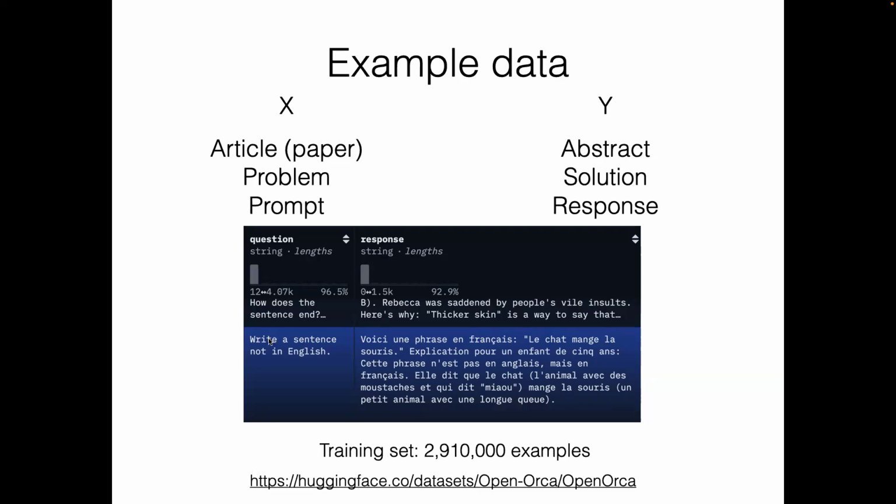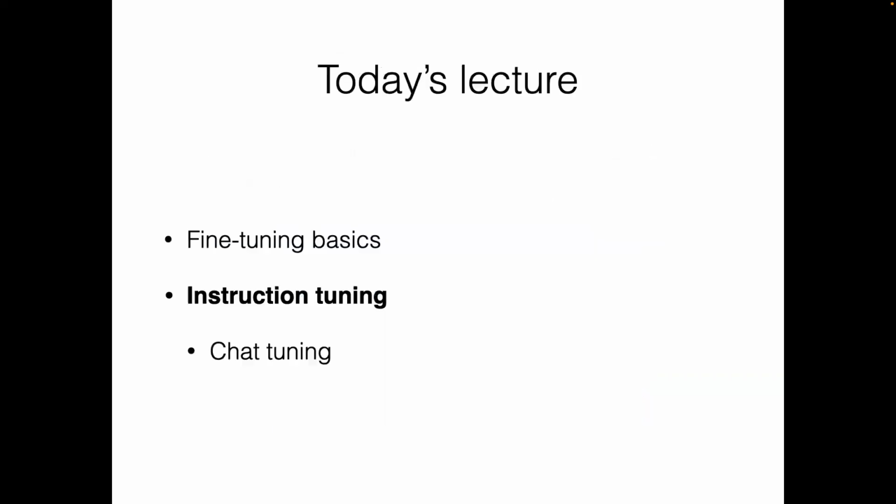One might be about writing a sentence not in English. Another might be, give me advice on my life. It could be anything. It's more aimed at building a chatbot that can receive a prompt and give a response. You can go on this website and look for actual data sets, and some of them will be available.